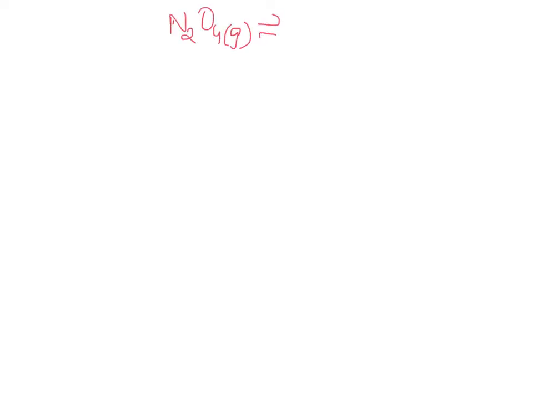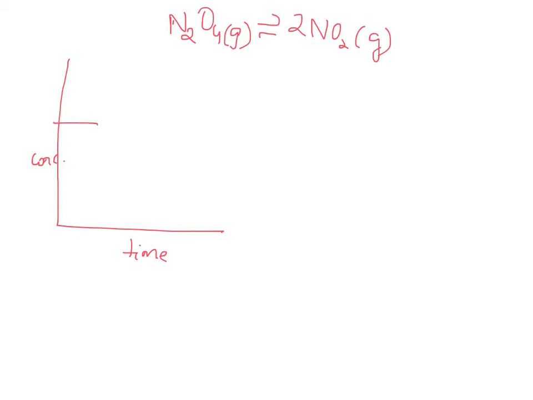Let's revisit this reaction, the N2O4 reaction. N2O4 gaseous in equilibrium with NO2 gaseous. And suppose you're plotting concentration versus time. You had achieved an equilibrium state where the concentrations were pretty much constant.